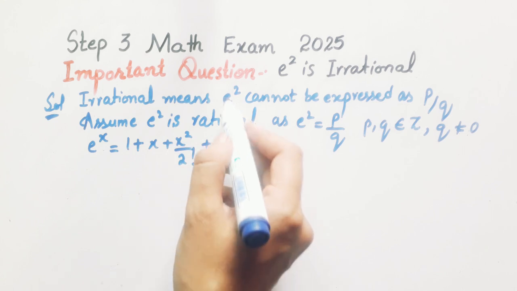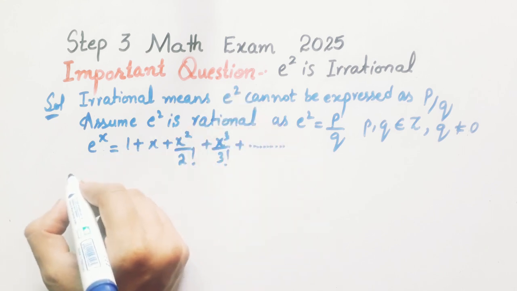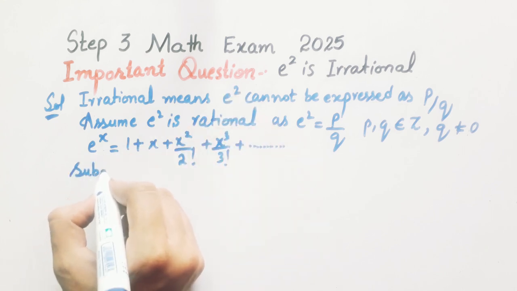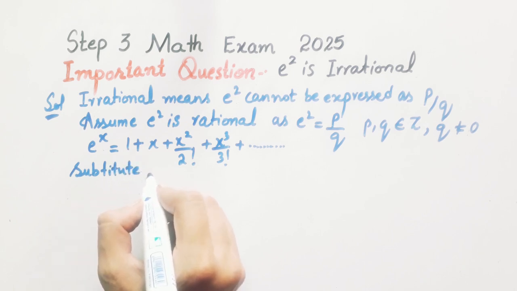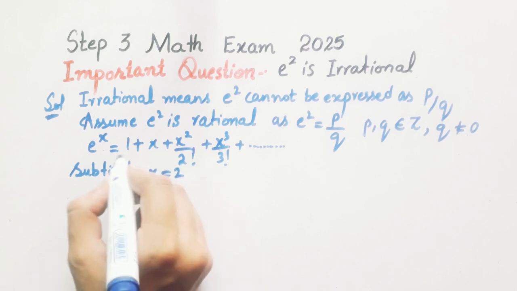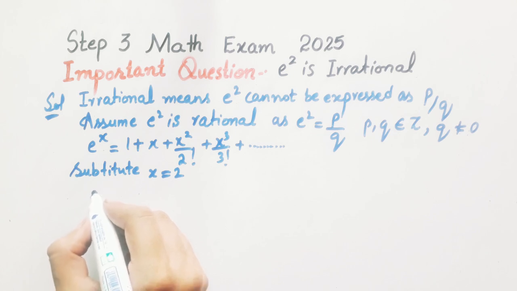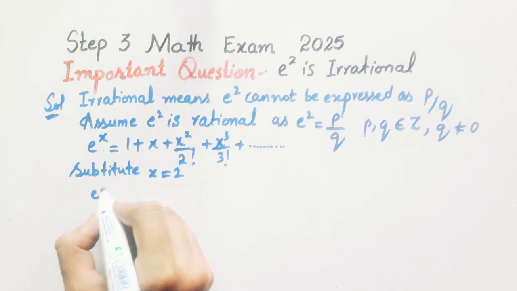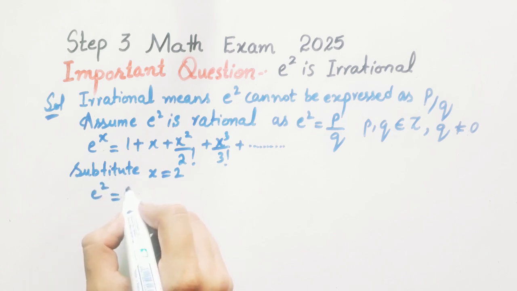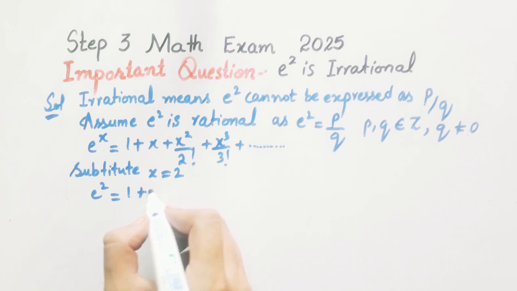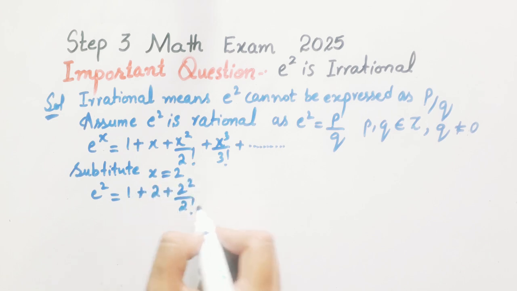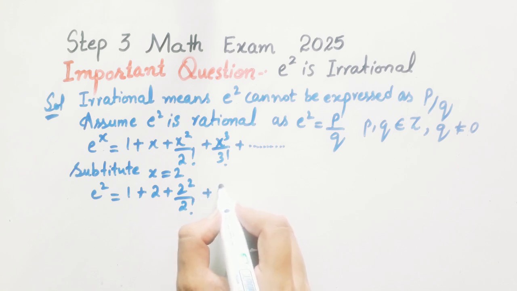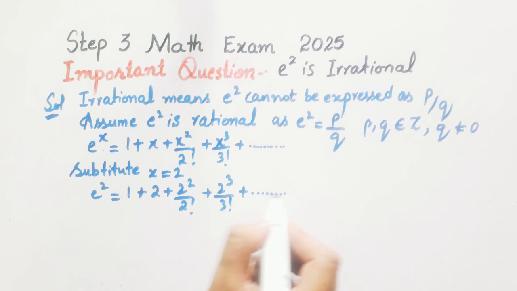Now we will make it e square, that means substitute x equal to 2 in this expression. You will get e square is equal to 1 plus 2 plus 2 square by 2 factorial plus 2 cube by 3 factorial plus, and so on.